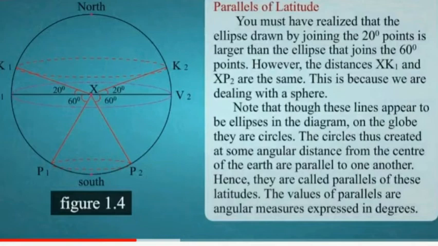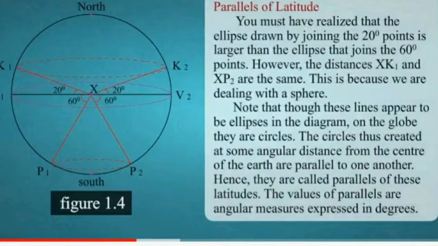Parallels of latitude. You must have realized that the ellipse drawn by joining the 20 degree points is larger than the ellipse that joins the 60 degree points. However, the distances XK1 and XP2 are the same. This is because we are dealing with a sphere.